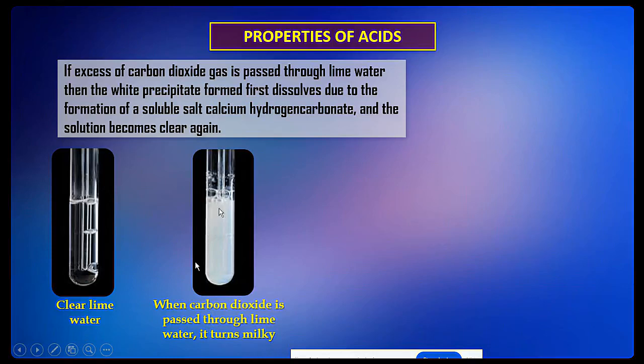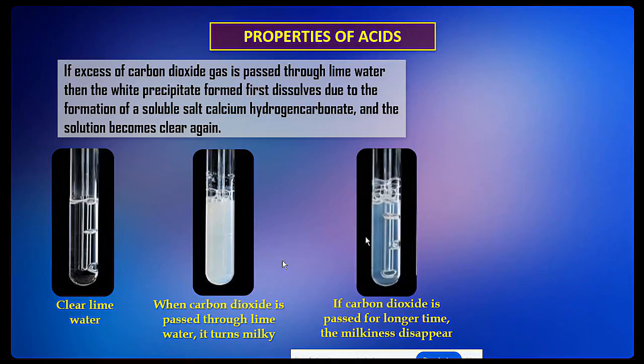Because if you pass excess carbon dioxide over the surface, the calcium hydrogen carbonate completely dissolves in this solution and forms a clear solution. Here you can see a colorless solution. If carbon dioxide is passed for a longer time, the milkiness disappears. Why does it disappear? Because it completely dissolves in that solution.